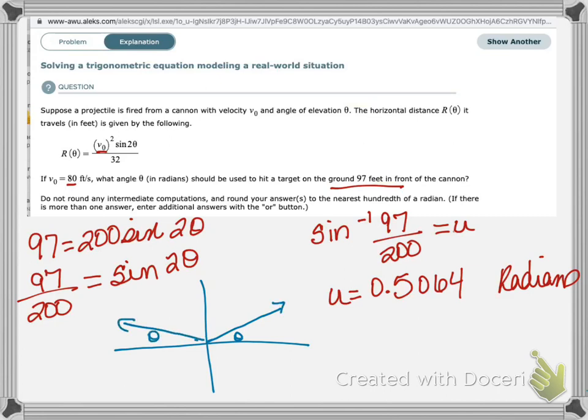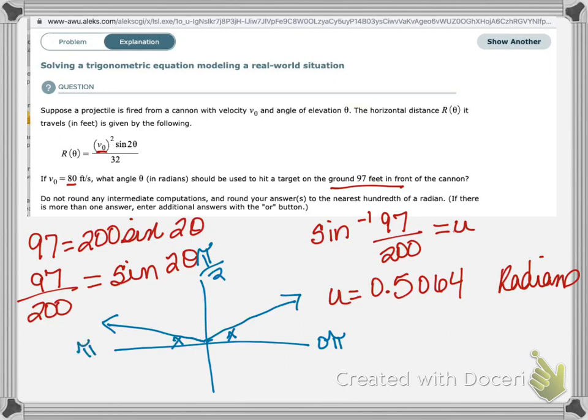So what I have to do is figure out, and I shouldn't use theta right there. I should use another angle. I'm just going to put the value x there because I don't want us to get the thetas mixed up. So the way that I find out the angle right here is that I subtract it from pi. Remember, this is 0, this is pi over 2, and this is pi.